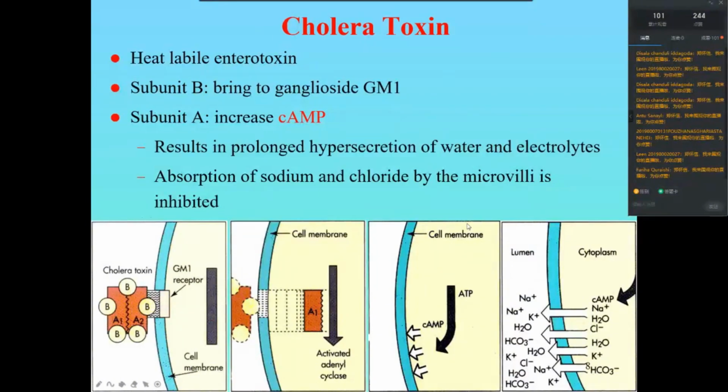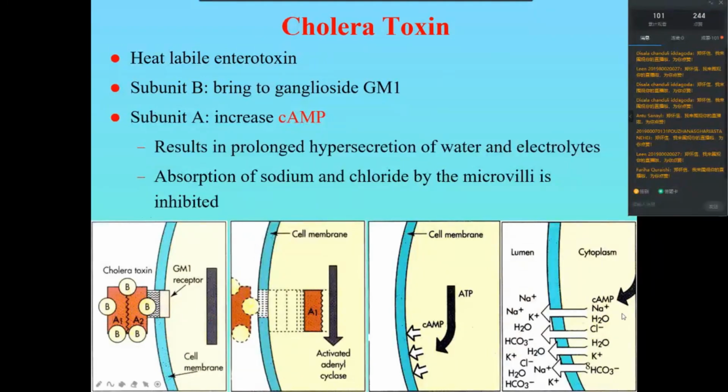In the epithelial cells of our intestinal tract, the increased cAMP will lead the cell to secrete a large amount of water, sodium and potassium into the lumen. That will increase the amount of water in the lumen, and that causes the diarrhea.